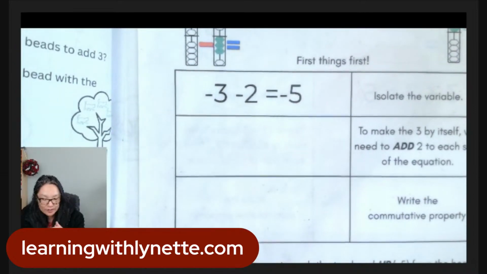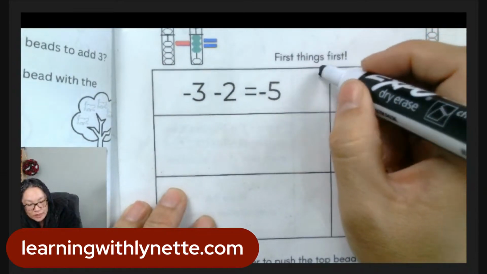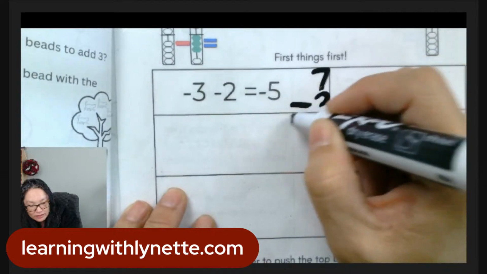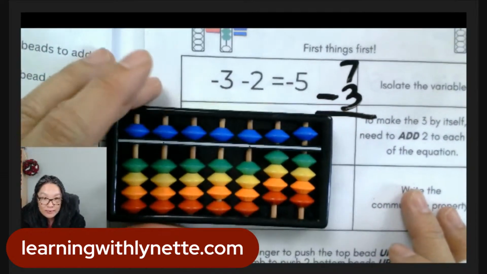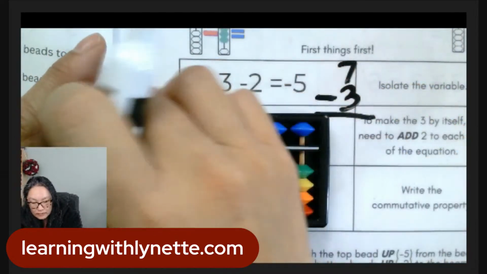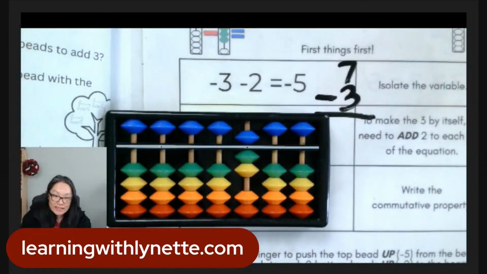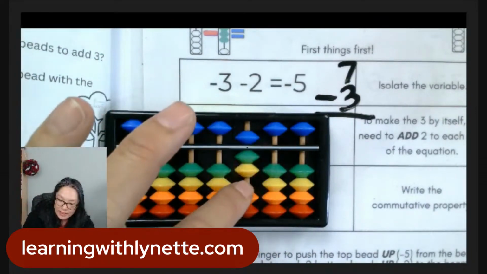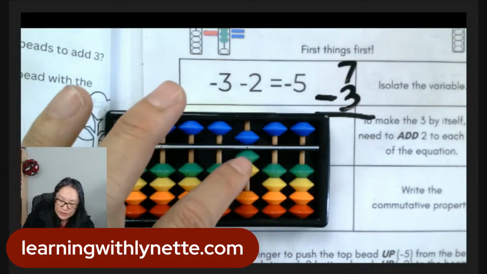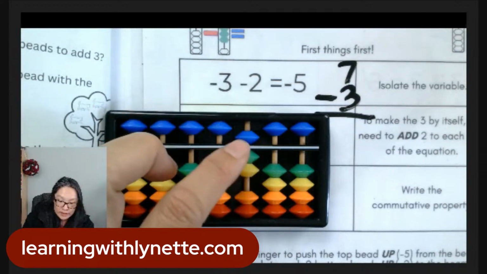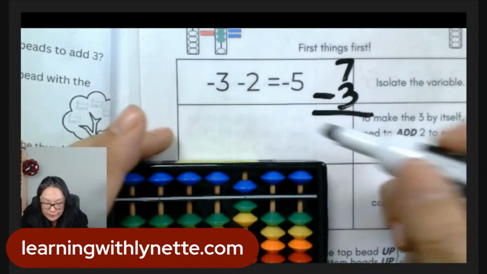When does that ever happen? That happens when we do 7 minus 3. Notice when we do 7 minus 3, there's my 7. I want to take away 3. There's not enough beads to take away the 3. There's only 2 beads to take away. So I have to minus the 5.